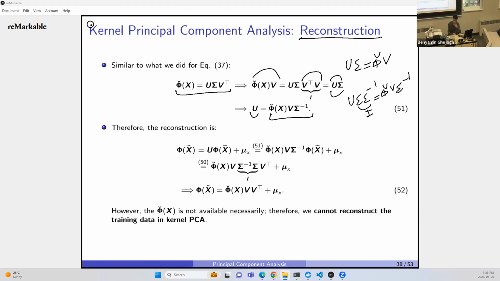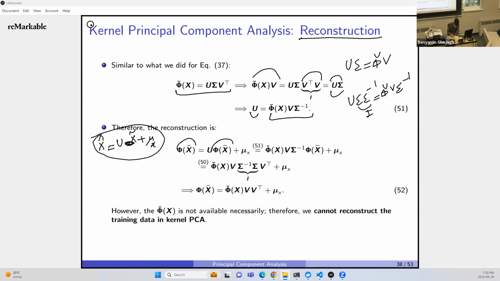Now, what was reconstruction in PCA? X hat was U X tilde plus mu X, right? This was what we had in PCA. Now replace X tilde with phi of X tilde and X hat with phi of X hat, right? Pull data to the features.